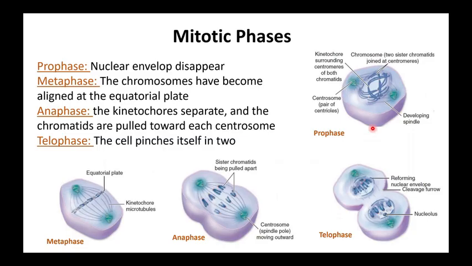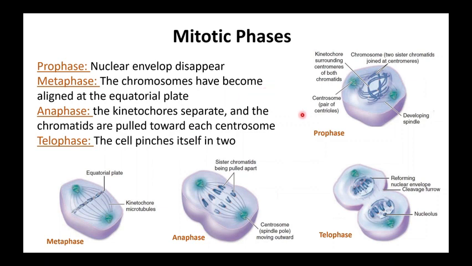So you see that? We have these centrosomes here, a pair of centrioles. Centrosome is a pair of centrioles. Now, from this, microtubules will come. Metaphase is when the chromosomes are aligned at the equator. Can you see the chromosomes at the equator? And can you see these microtubules there?